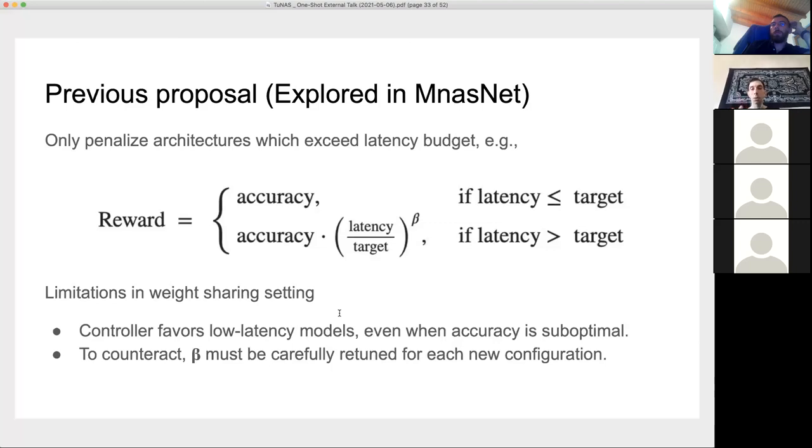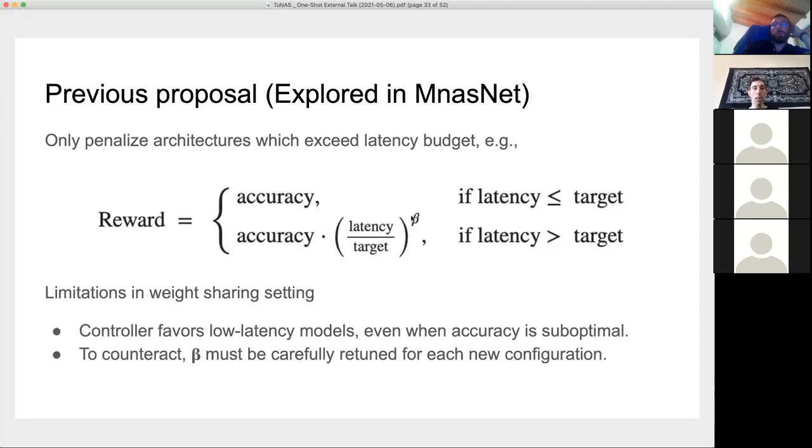So this works quite well in the original setting, but in the weight sharing setting, we actually start running into some issues. It turns out that we're introducing this extra hyperparameter beta controlling the trade-off between accuracy and latency. And we actually need to retune this value of beta quite frequently whenever we want to explore a new search space, or even when we're just making changes to the ways that the shared model weights are trained.